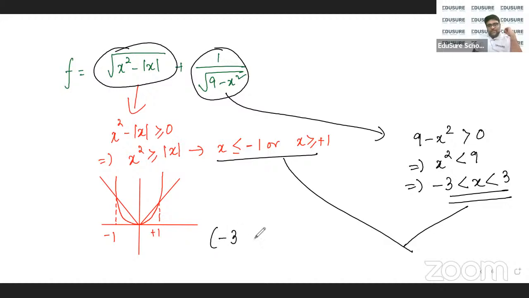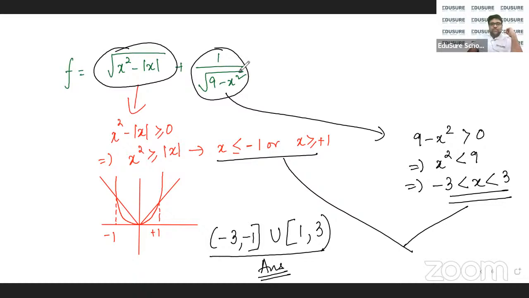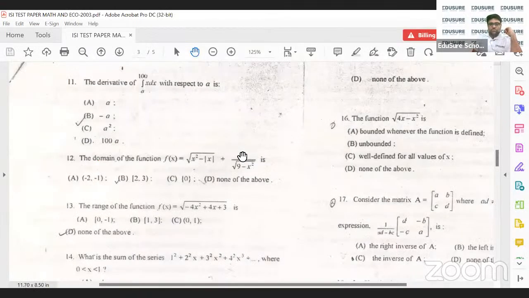So -3 to -1, closed interval, union 1 to 3. This is my answer. Is it given that x is greater than equal to 0? No, it's not given. So what should be the answer? Answer is none of the above.